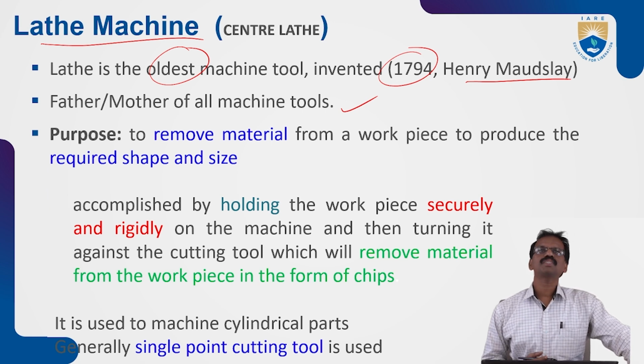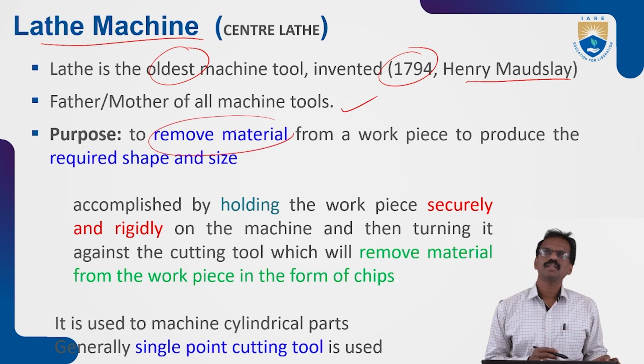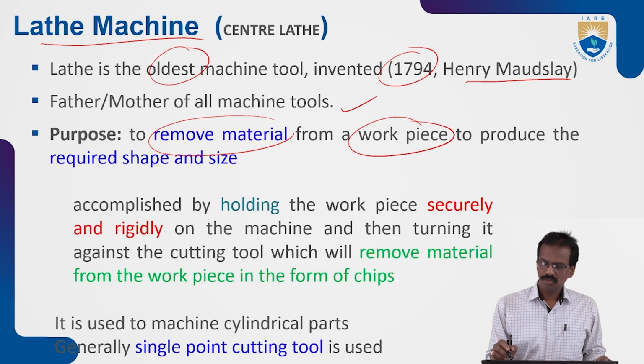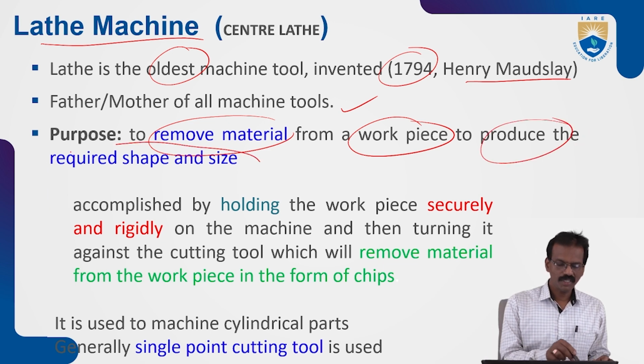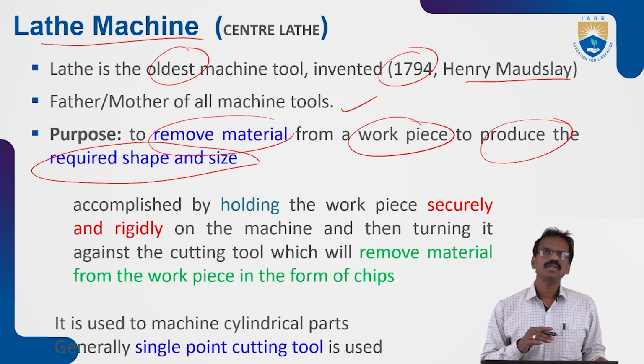The main purpose of this machine tool is to remove the unwanted material from the workpiece which is rotating with the help of the spindle, and to produce the required shape and size. By using this machine, we can produce only round or circular objects.